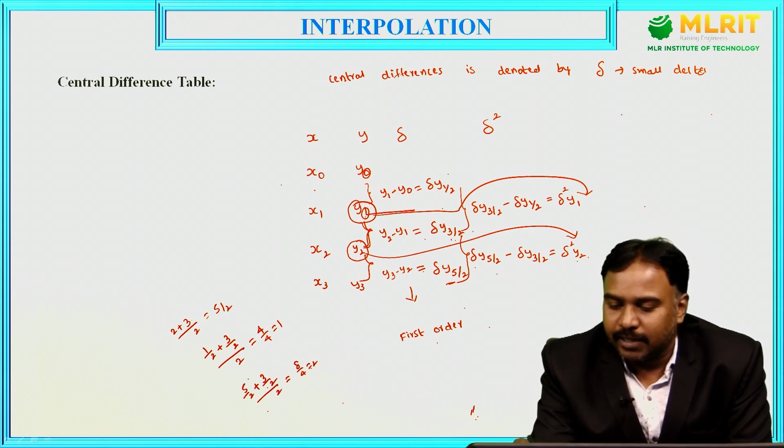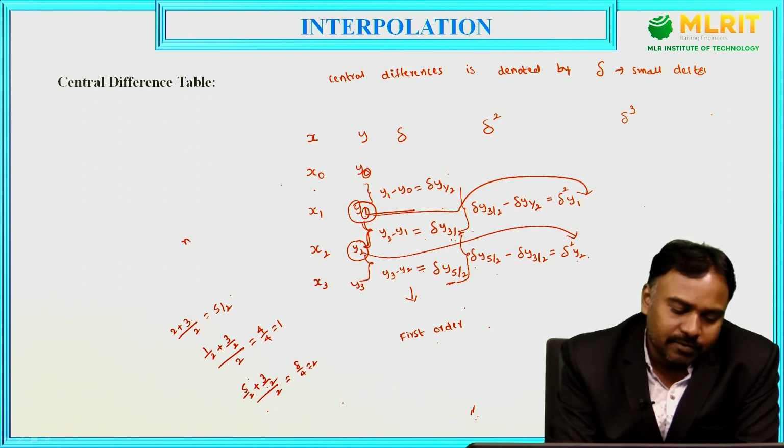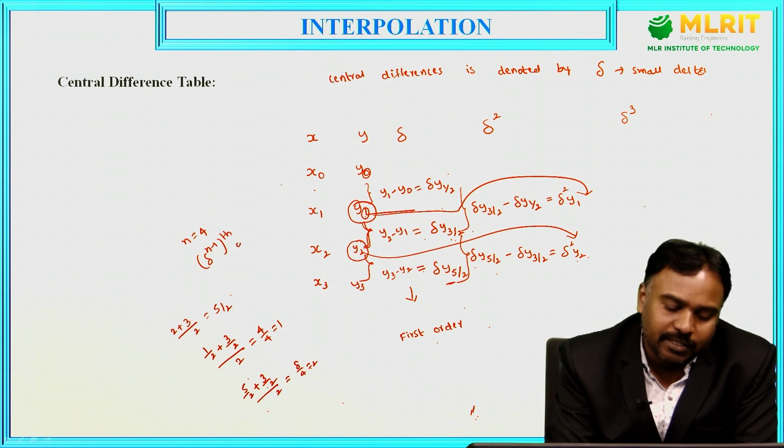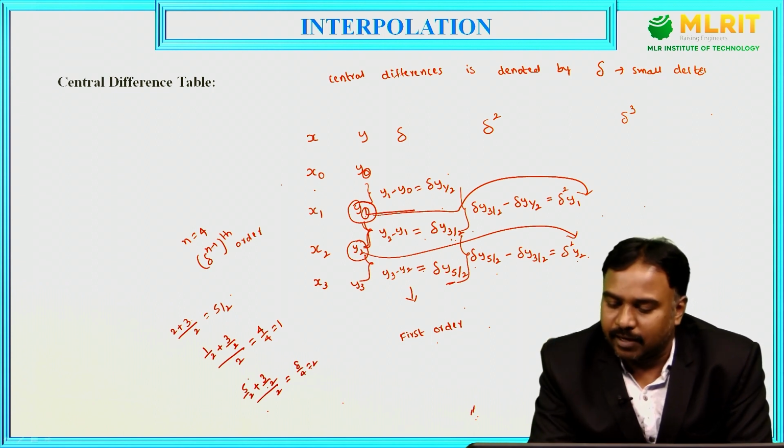Similarly, with the same trick, there are 4 observations, so delta to the power n minus 1 order will exist in this case. Here n is equal to 4, so n minus 1 is 3. So delta square y2 minus delta square y1 gives the difference of these two, delta cube.